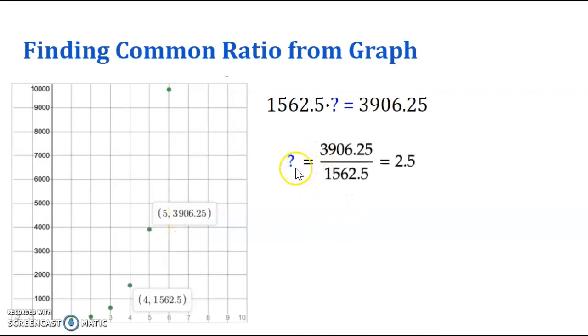So what does that question mark have to be? Since 1562.5 is being multiplied by that question number, to get just the question mark, you're going to divide both sides by 1562.5, which leaves us with 2.5. That means the common ratio r is 2.5.